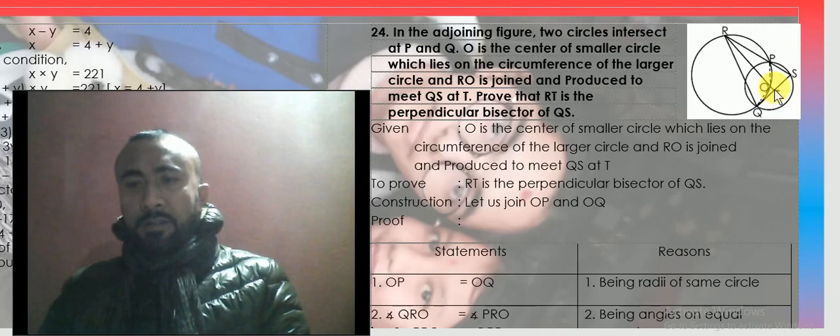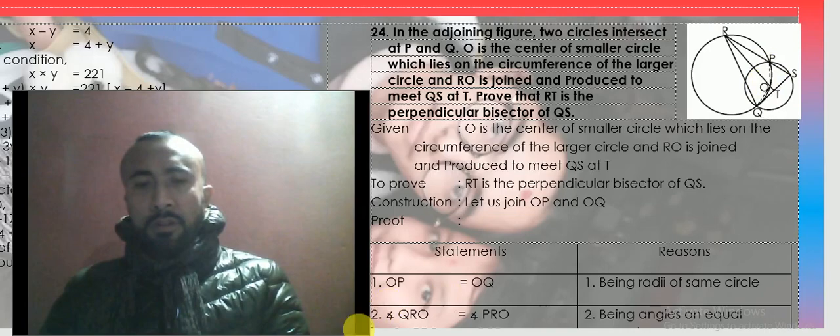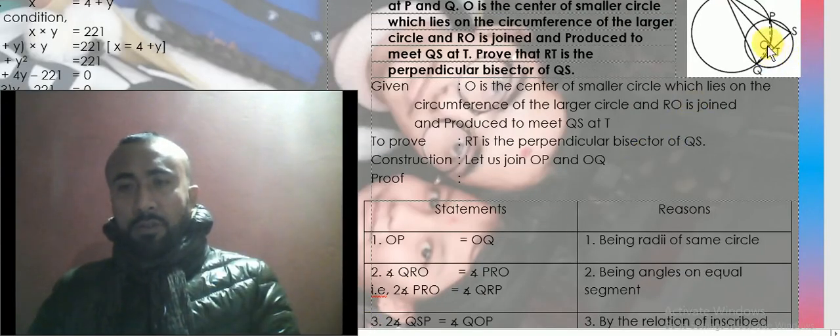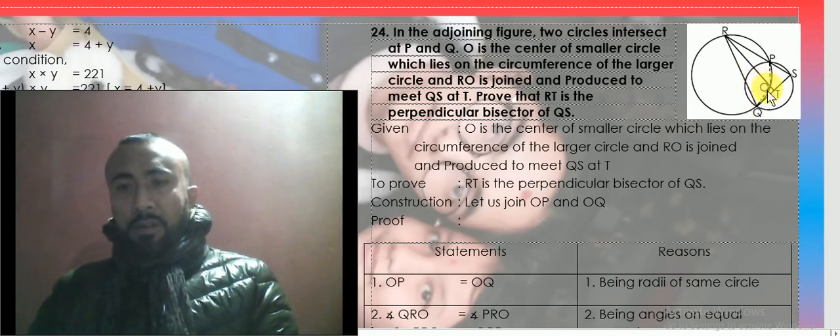For this, we need to join OQ and OP, because if you join OP and OQ, they act as radii of the small circle. So OP is equal to OQ because they are radii of the same circle. Since OP is equal to OQ, they act as chords of the big circle.